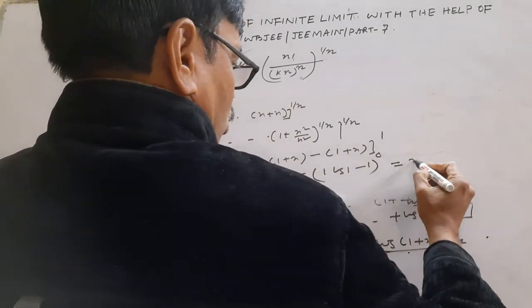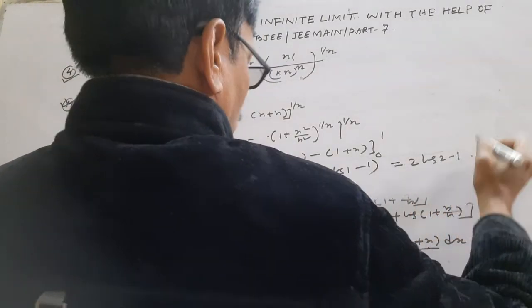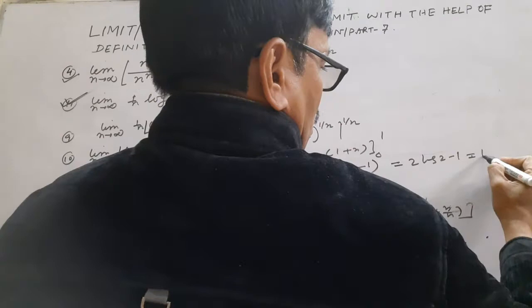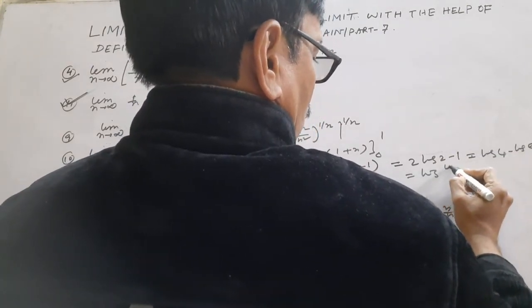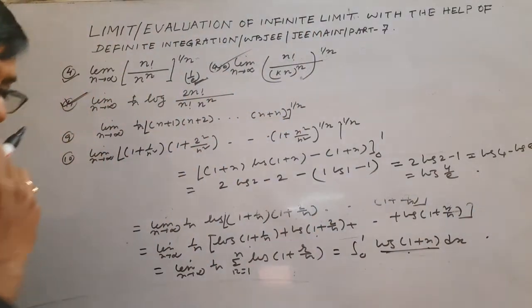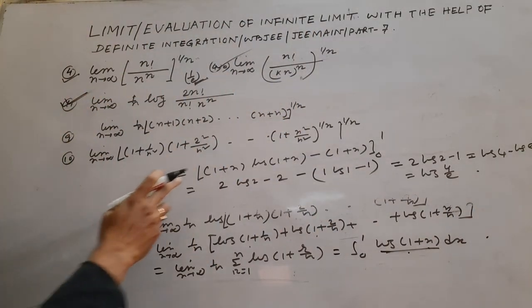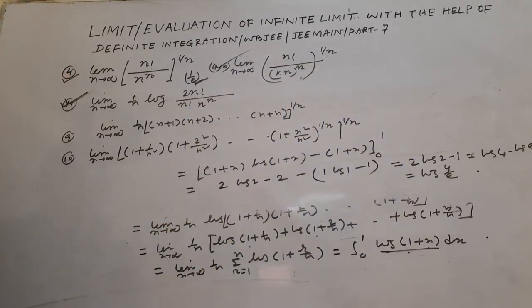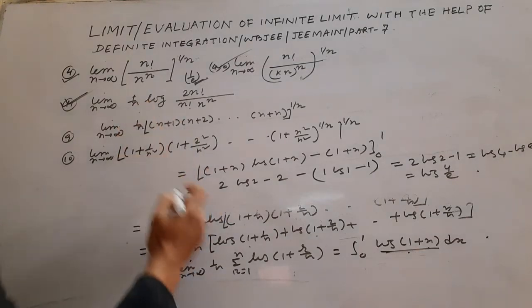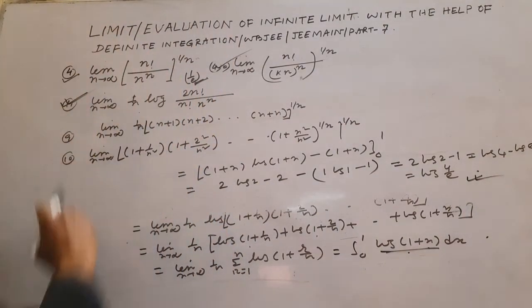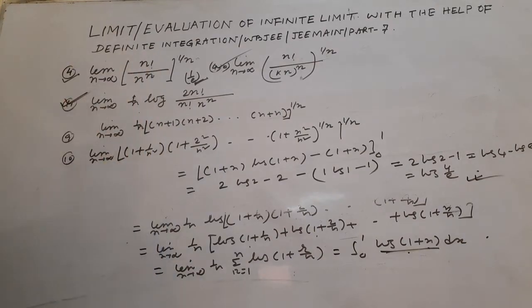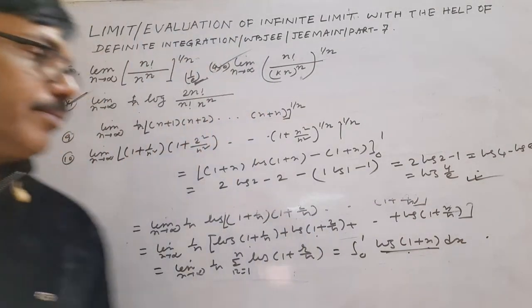So 2 log 2 minus 1, which is log 4 minus log e. So log 4 by e. The answer is log 4 by e. We are not taking log here because it is given in terms of logarithm. But if the log is not present, then we have to take log on both sides.